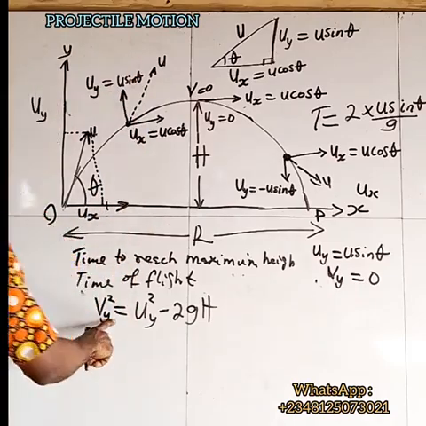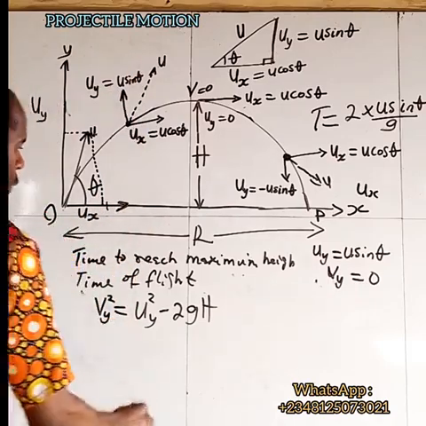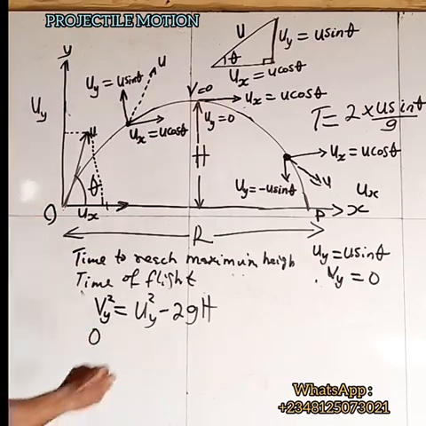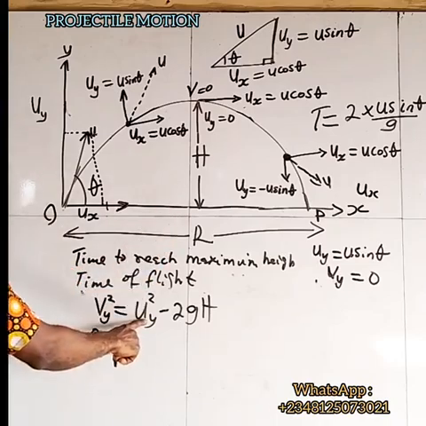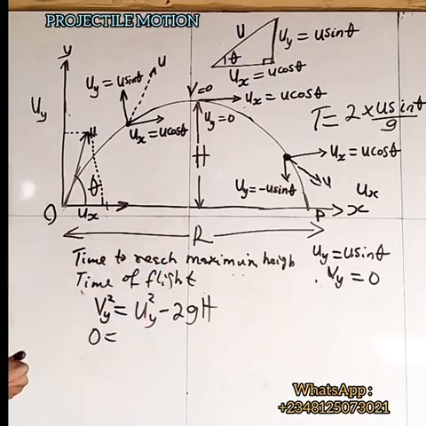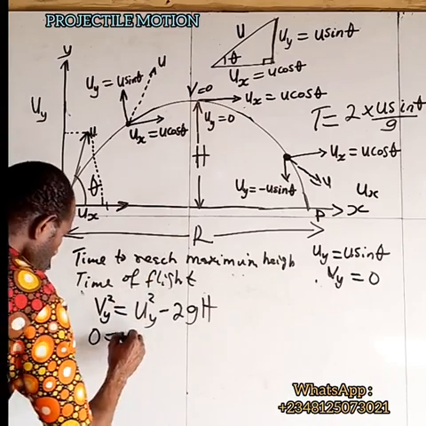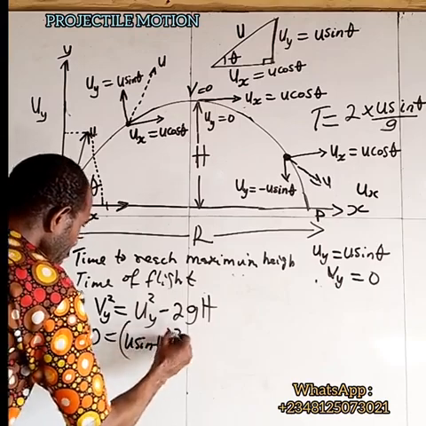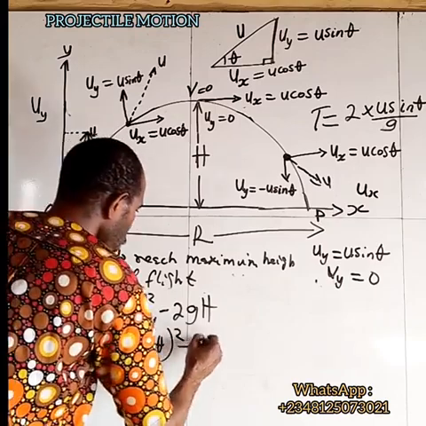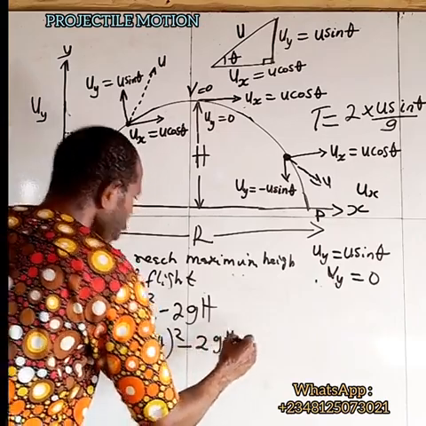And remember, your final velocity is 0. So this will become 0 equal to, what is our uy? Remember, the vertical component of the projected velocity is u sine theta, all squared. Remember, this one is having a square, minus 2gh.